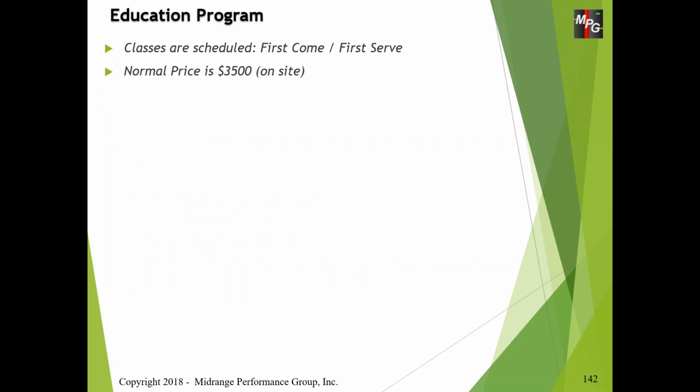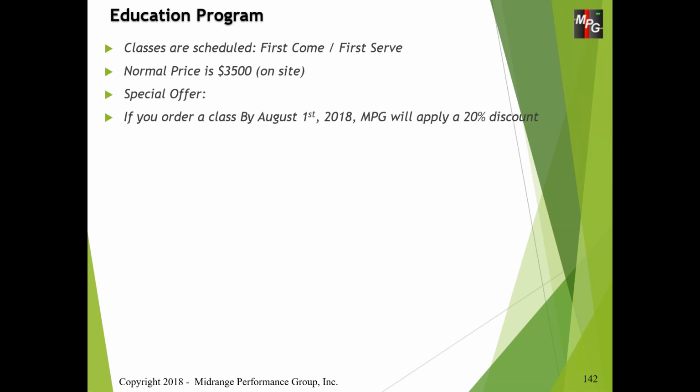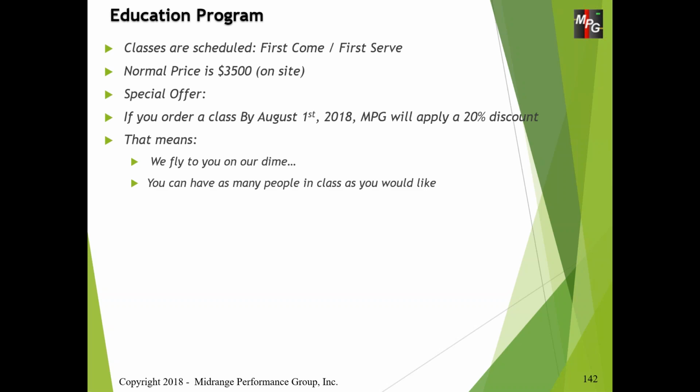We schedule classes first come, first serve. The normal price is $3,500, and we're offering a special. I've already had a customer use this, where if you order a class by the 1st, we're going to knock 20% off for you. That means we're going to fly to you. You can have as many people in the class.